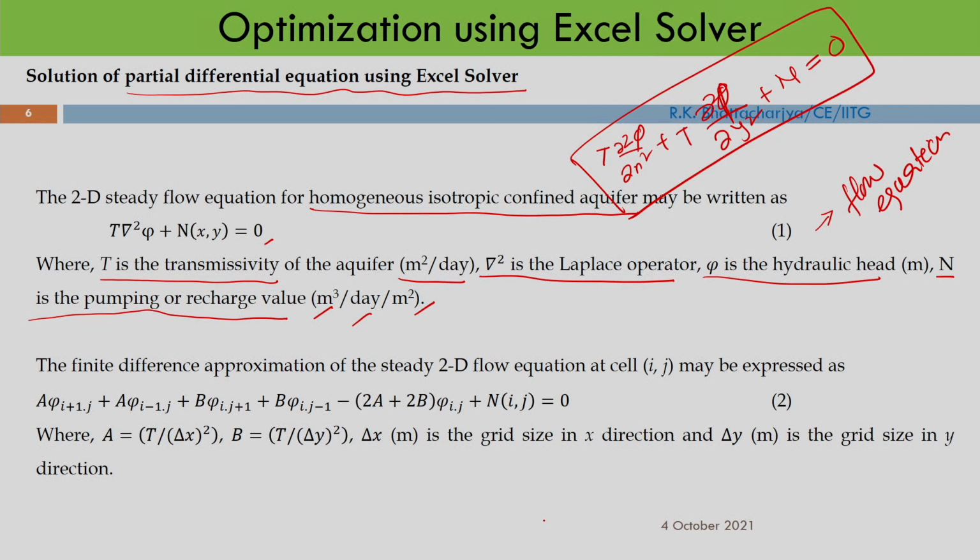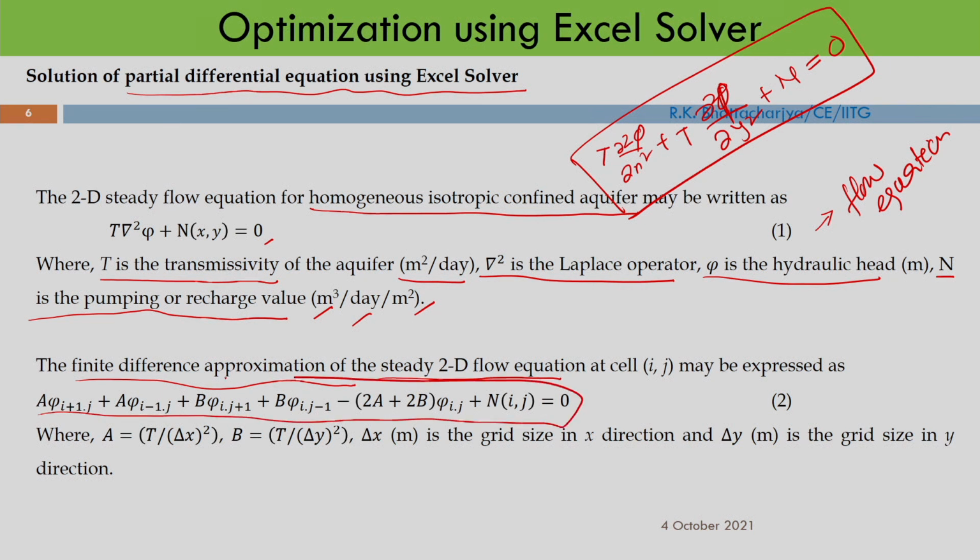So, how am I solving this equation? I am solving this equation using finite difference approximation of this 2D flow equation, and I am not showing how you can do the finite difference approximation, but if you apply finite difference approximation, finally you will get this equation.